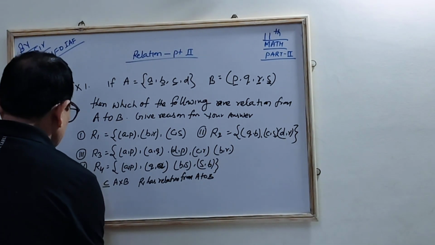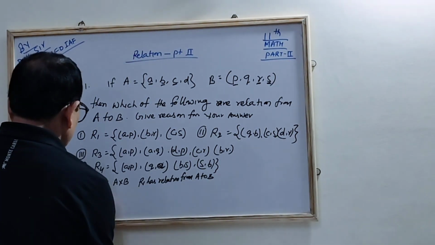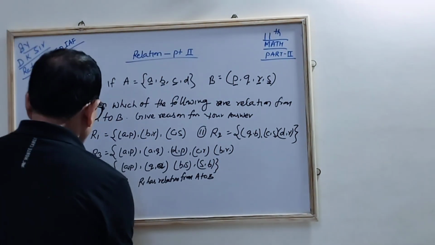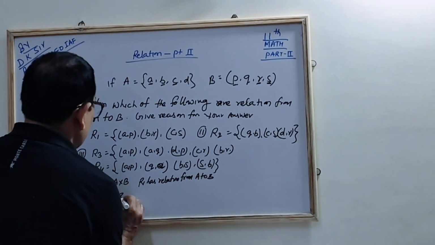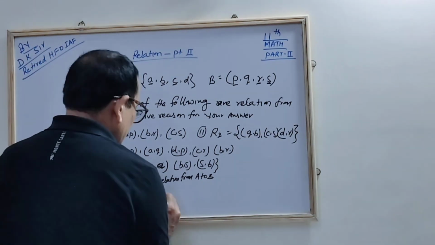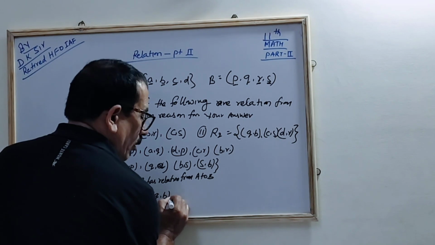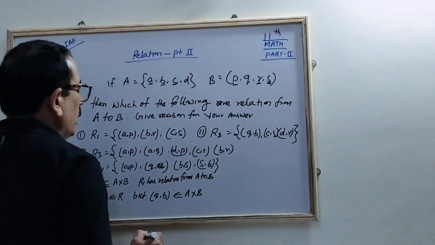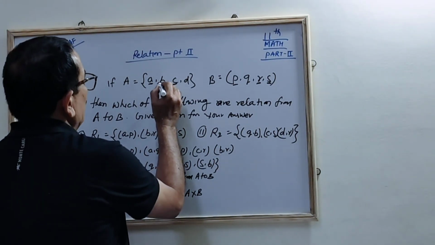In the second case, we find that (q, b) is an element of R2, but (q, b) is not an element of the Cartesian product A × B, because in A × B the first element has to be one of a, b, c, d.